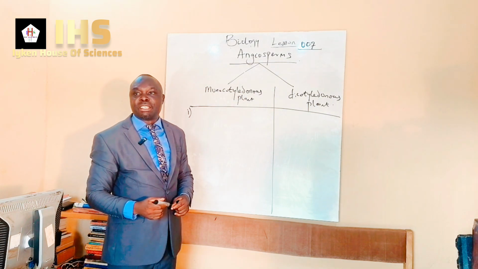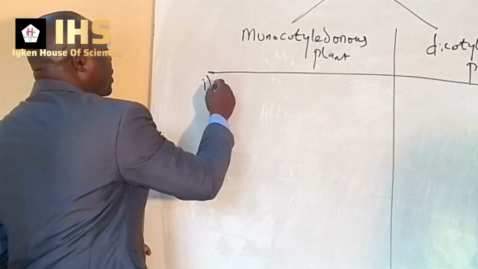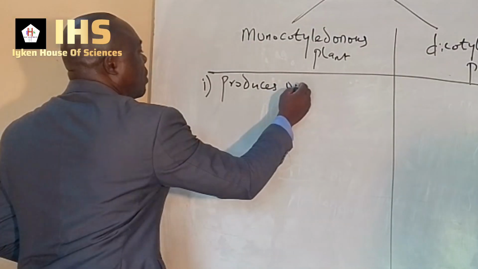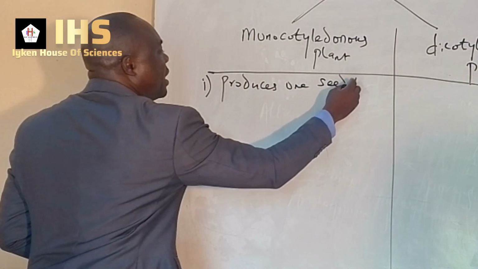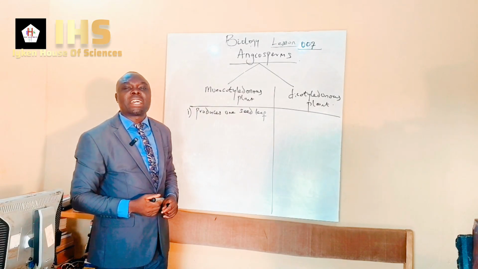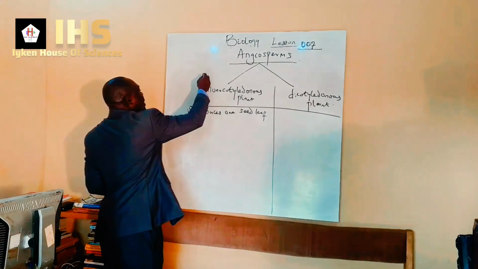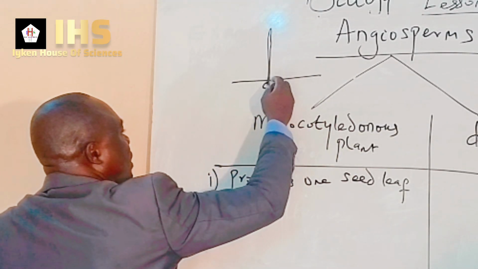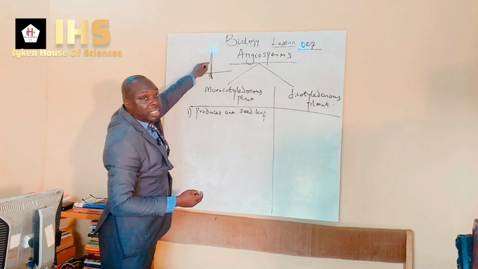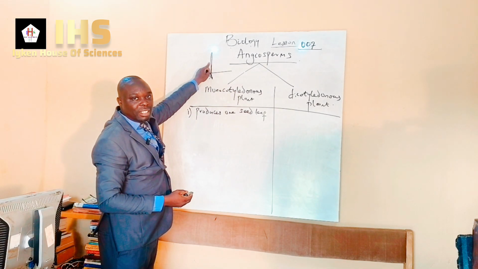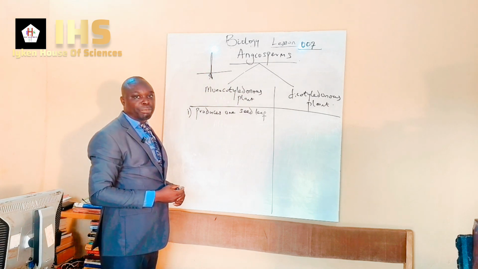Cotyledon means seed leaf. Example, when rice is germinating, rice germinates like this. Only one seed leaf is produced. Likewise, maize. Likewise, millet. This is one seed leaf.